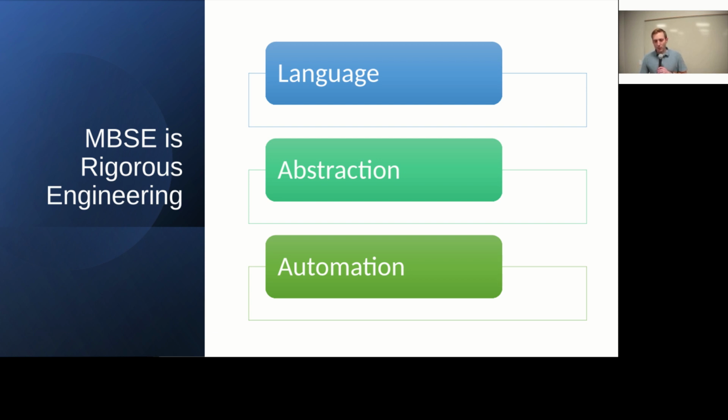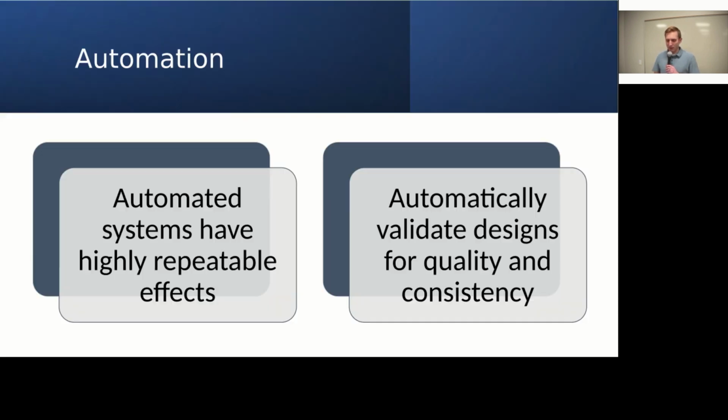And then the third part is automation. Automation is really powerful, especially when we're using programming languages like Python, where we can automate things to allow for consistency and robustness of the design, and also save time. So let's talk about automation a little bit more.